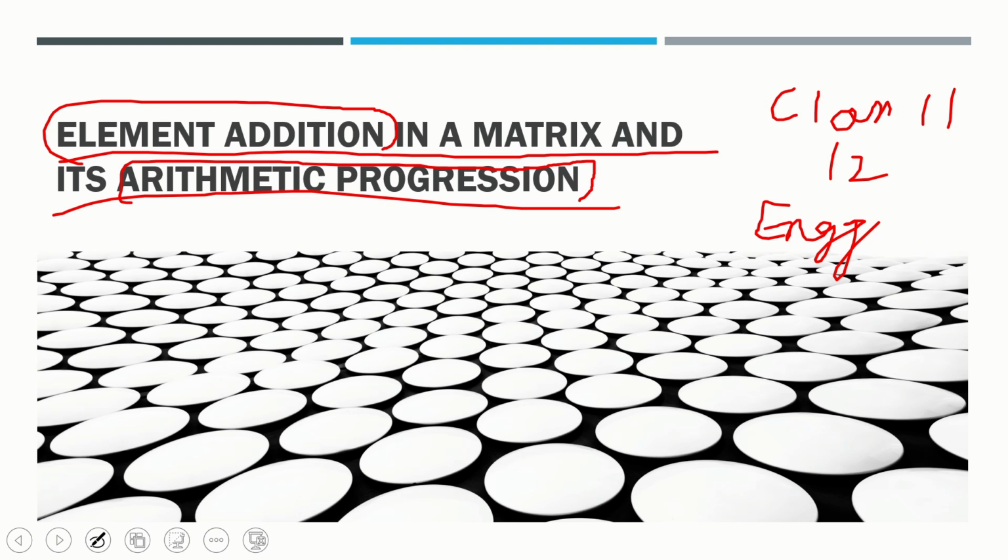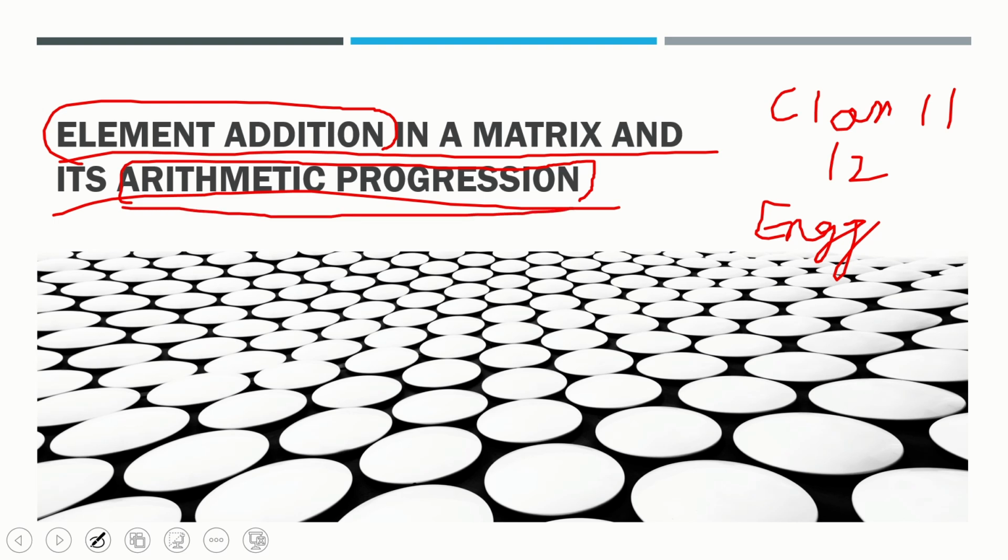Of course, you must know what an arithmetic progression is. Maybe it is not necessary to give you lessons on that, but we are also going to see how a matrix can be denoted in the form of an arithmetic progression.